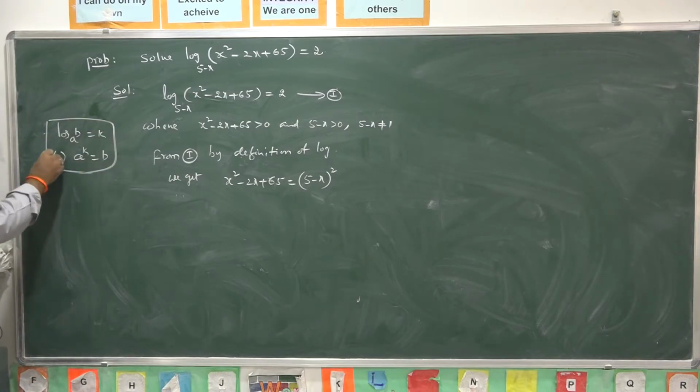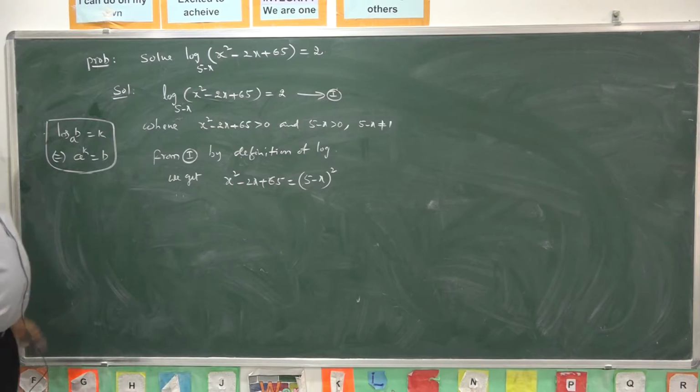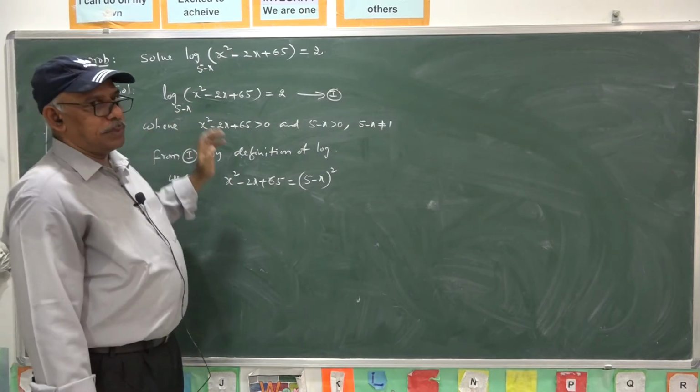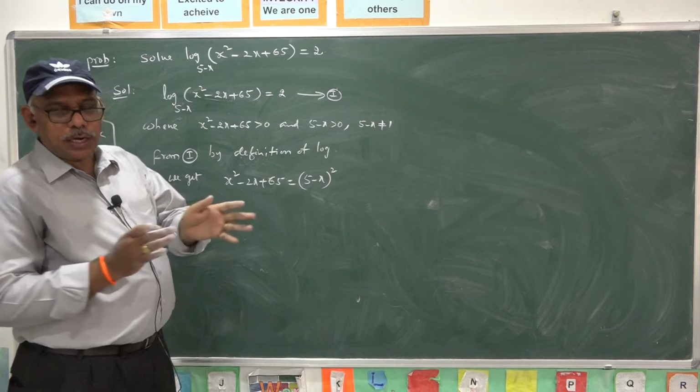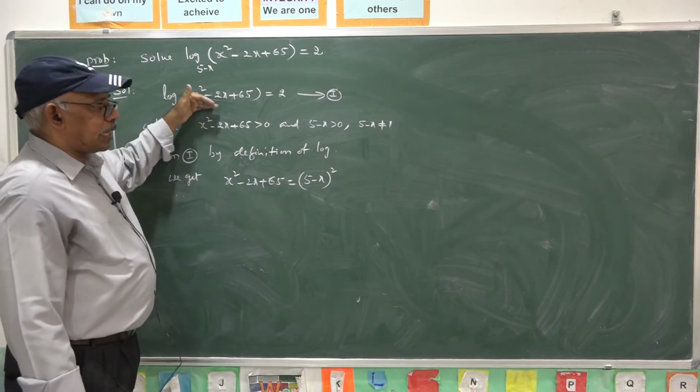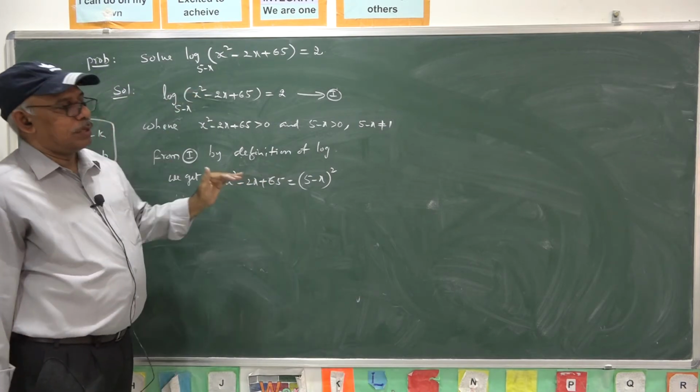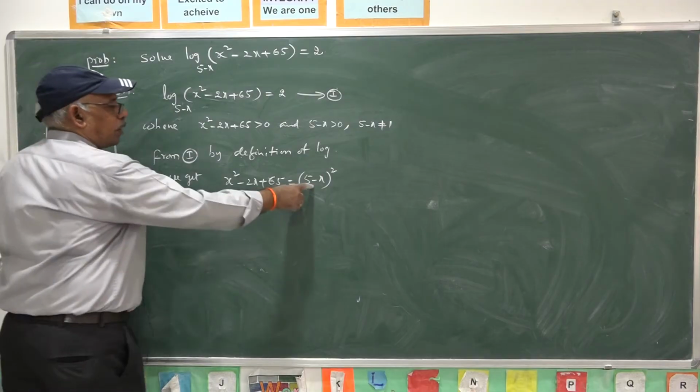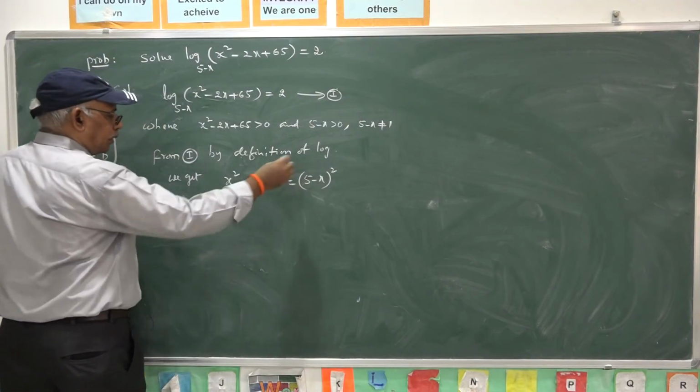By definition of logarithm, you can transfer this logarithm to the exponential form, and the exponential form can be transferred to logarithmic form. Log b to the base a equal to k implies a power k is always equal to b. Based on the definition of logarithm, the relation between exponential and logarithmic form, I am changing this one to exponential form.